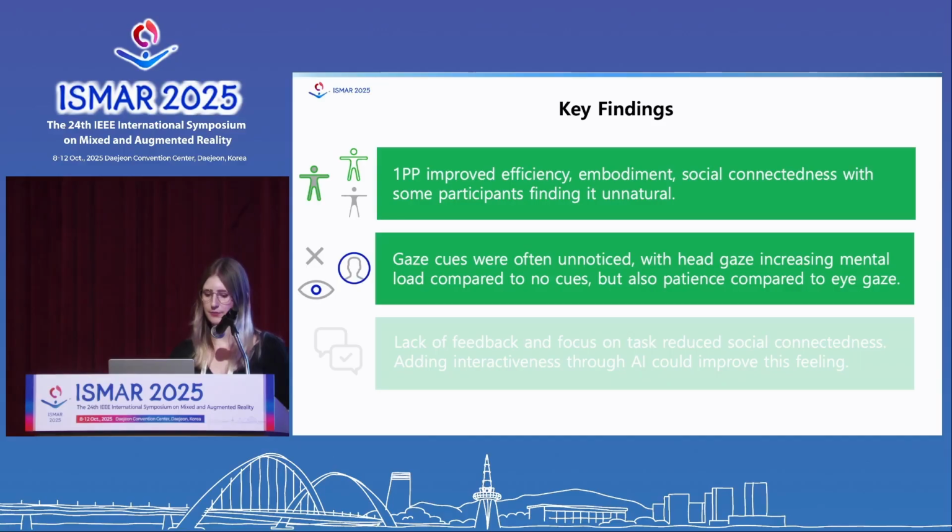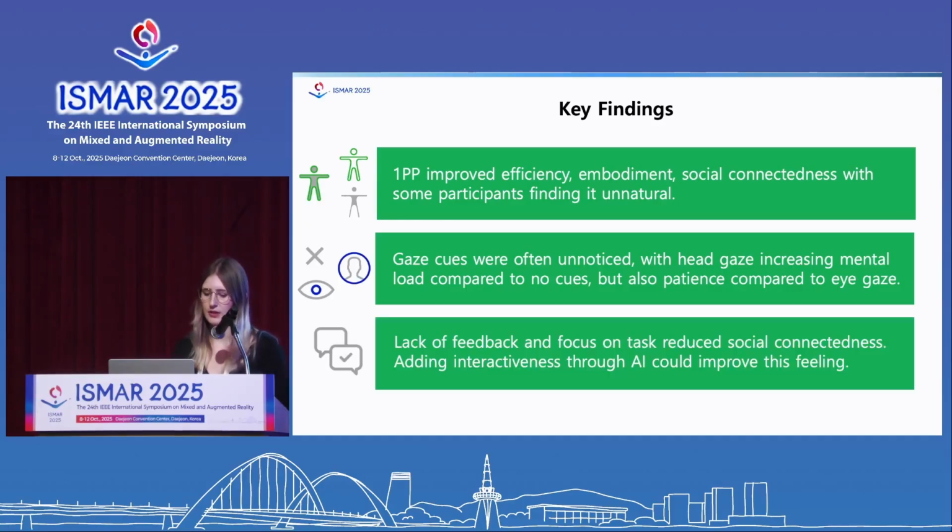And for the gaze cues, they were often not noticed. Participants focused so much on the task and on what the instructor did, and also the hands, that they were just ignoring the gaze cues. And head gaze even increased mental load compared to no gaze cues, but also the patience compared to eye gaze cues.